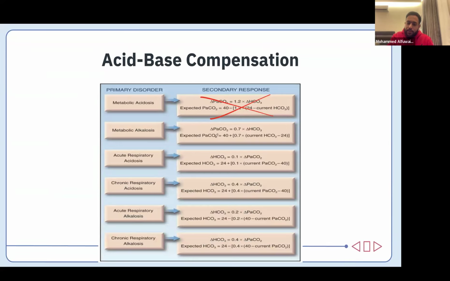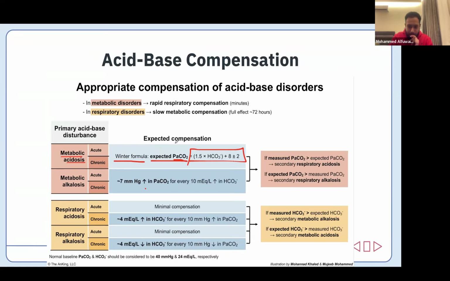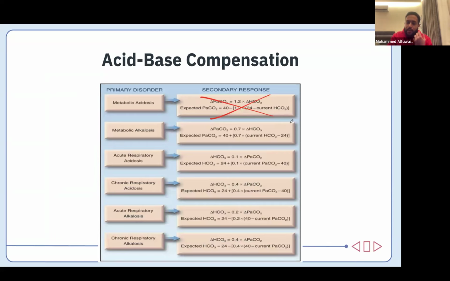For the rest of them, you kind of need to remember it-ish. Most likely they'll give you Winter's formula and ask you to assess compensation for metabolic acidosis. However, for the sake of completion, just remember these formulas and plug in the numbers.